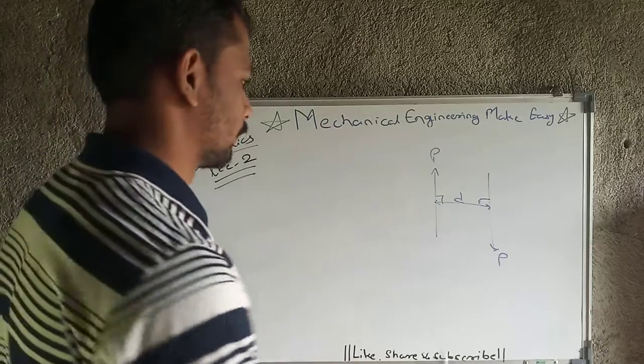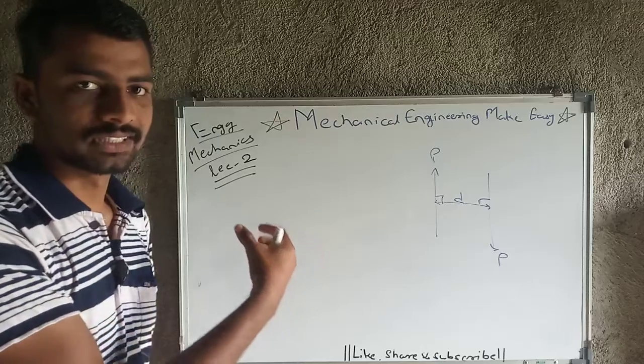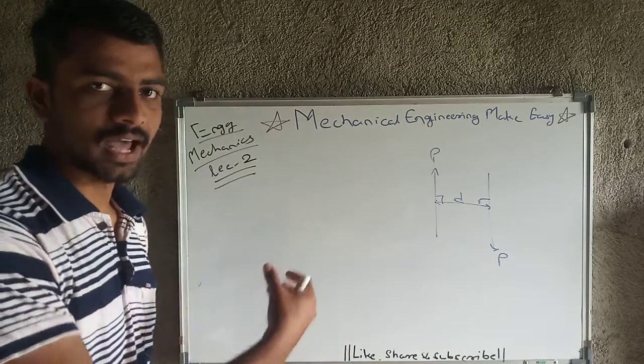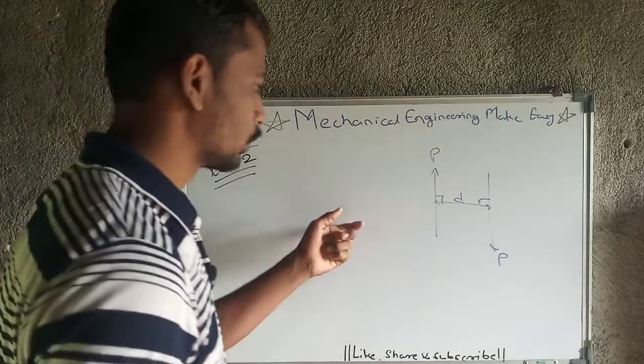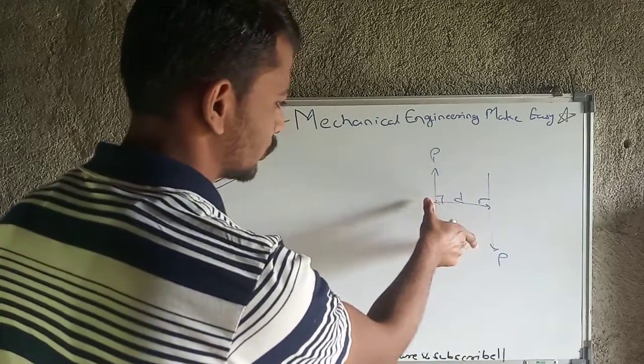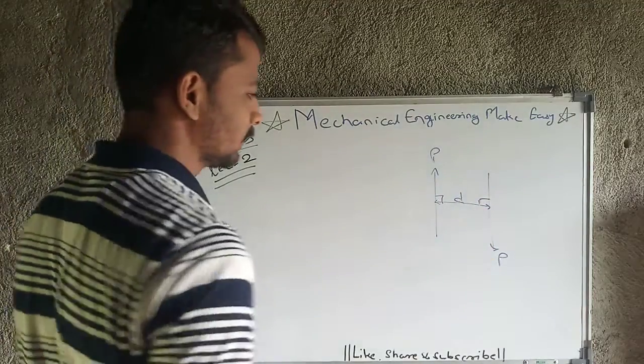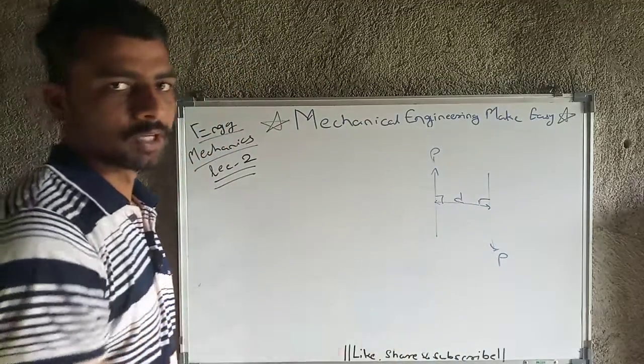So ultimately, a couple is formed when two unlike parallel non-collinear forces have the same magnitude. I think I have given you an idea about the types of forces, like and unlike forces and parallel forces. In that, these are unlike parallel forces, as the direction is opposite, and if these unlike parallel forces act, then this forms the couple.